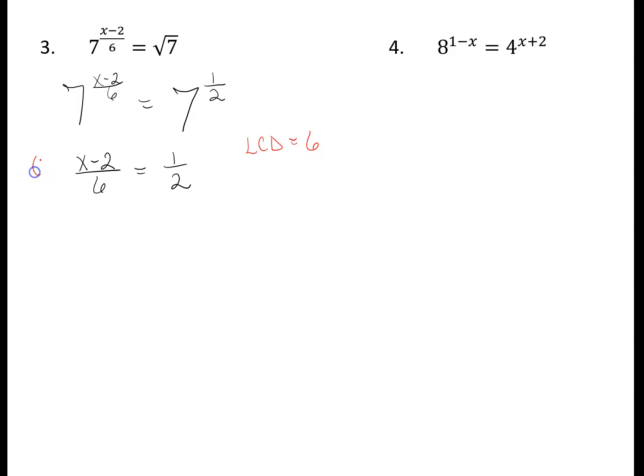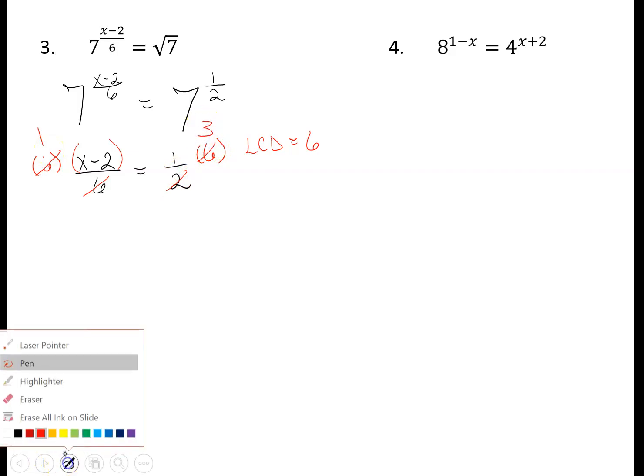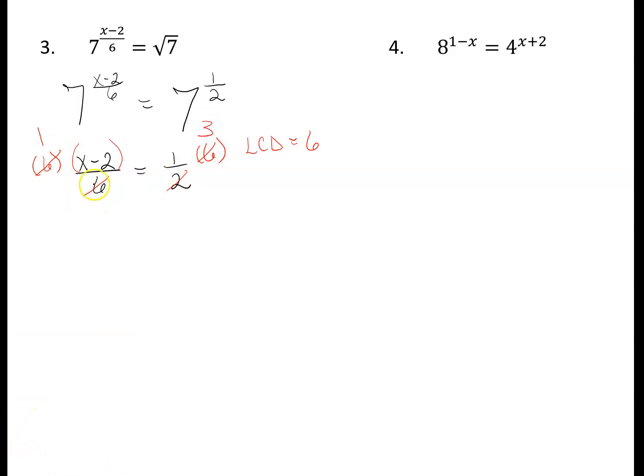So I'm going to multiply both sides by 6 to clear my fraction out. So then I can say 6 goes into 6 once, 2 goes into 6 3 times. So on the left side, 1 times x minus 2 is just x minus 2. And on the right side, I get 1 times 3.